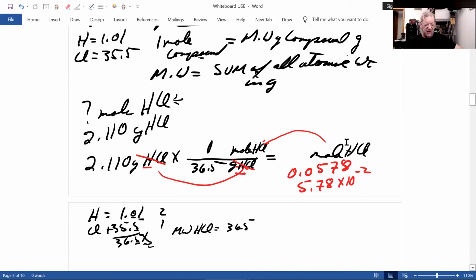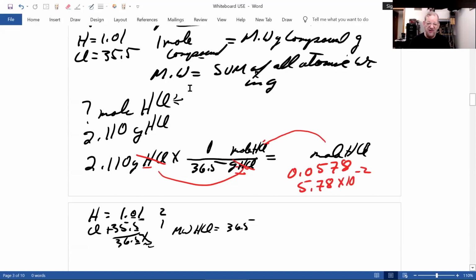And now you use it, I've got to do it one more time today, your good buddy, your good friend, unit analysis. Whatever you're trying to get to, units go on top of the ratio. Whatever you're trying to get rid of, units go underneath. Where do we get a relationship between 1 mole of HCl and grams of HCl? 1 mole of a compound equals its molecular weight in grams.